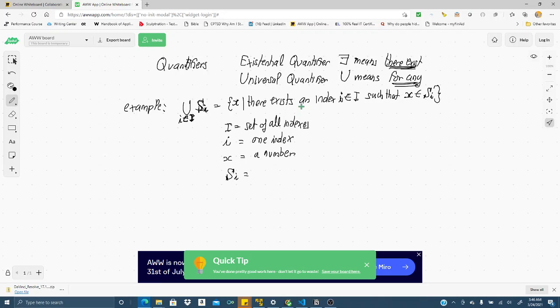And this is of course the set of all the numbers. Let me think about that later.